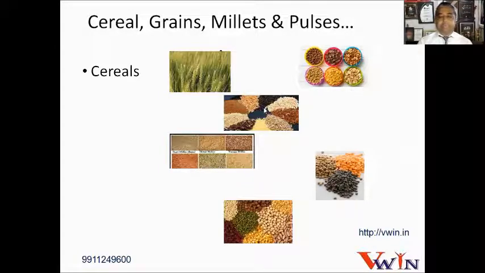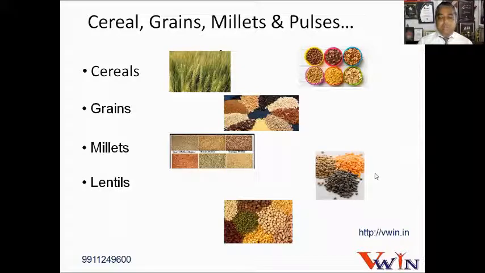So for example, cornflakes and your dalia, everything which you prepare from these food grains comes under the category of cereals. The seed of these grass-like plants, which are used to eat, are known as grains. And when they are very small in size and they generally are used for livestock or bird feed, then they are known as millets.